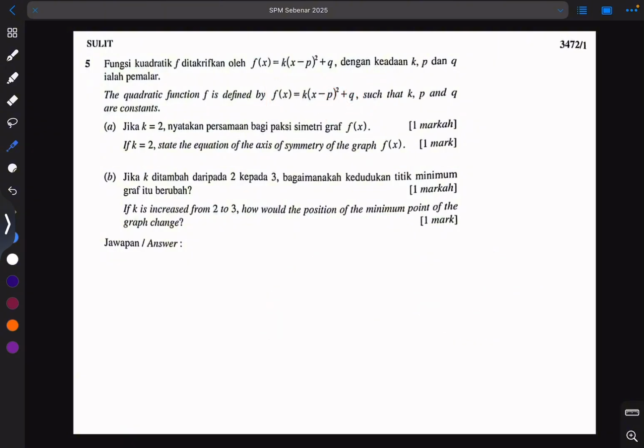Okay, so here they said if K is 2, state the equation of axis of symmetry of the graph. Okay, axis of symmetry, the K doesn't matter actually. Okay, the K is 2, but axis of symmetry is whatever that's inside the bracket here. So x minus P, you make it equals to 0, x equals to P will be the axis of symmetry. Done.